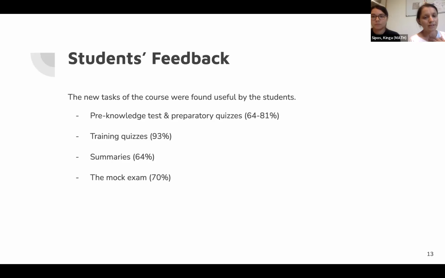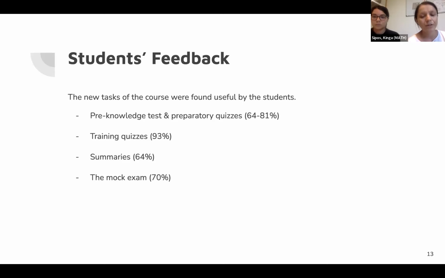But of course, for the survey, for the feedback on this new course format, we wanted them to have the freedom of telling their opinion without their names. So they received 14 statements for which they had to state their level of agreement or disagreement on a 4-level scale: disagree, rather disagree, rather agree, or agree.